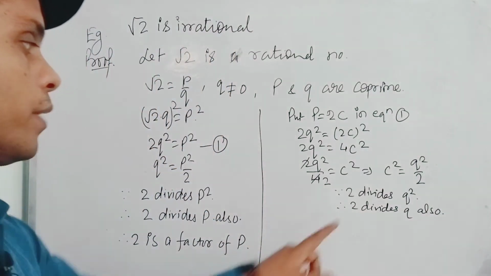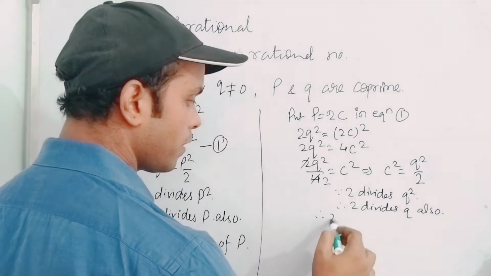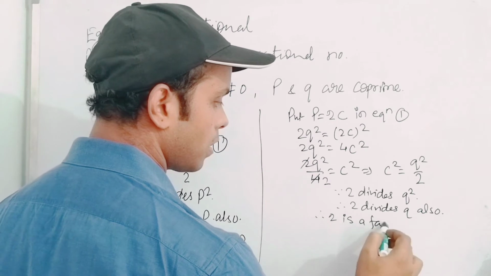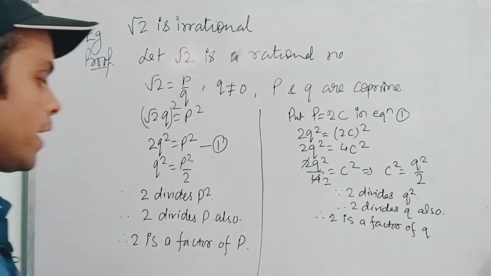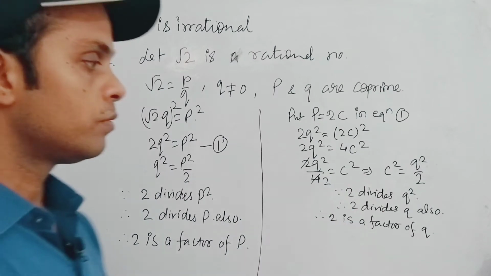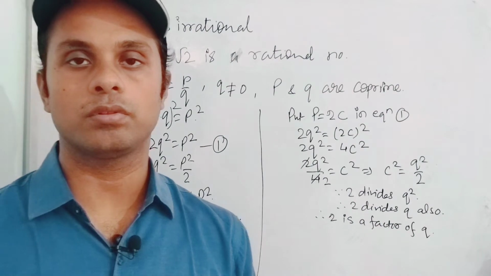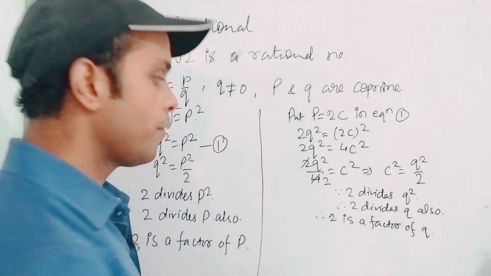It means 2 is a factor of q also. Therefore, it's very clear that 2 is a common factor of p and q. So when we conclude that 2 is a common factor of p and q, it means p and q are not co-prime.